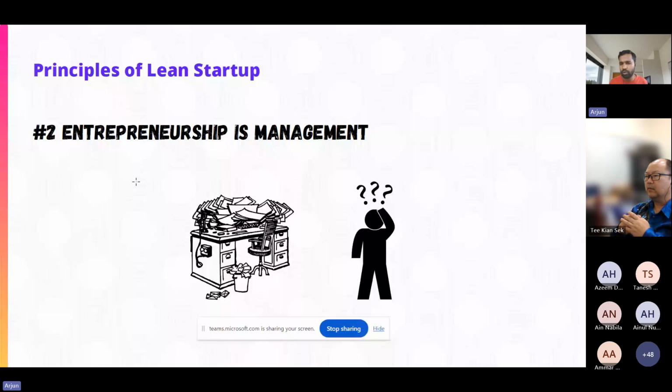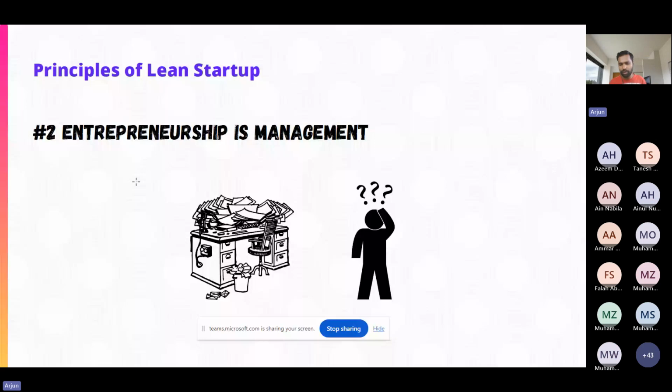You are also the CEO, and you speak with investors, you speak with customers, you understand their requirements. You sell, you become the salesperson, you become the marketing person. Imagine one person doing all these things. You need to juggle between all of them, so entrepreneurship is like managing many different things.